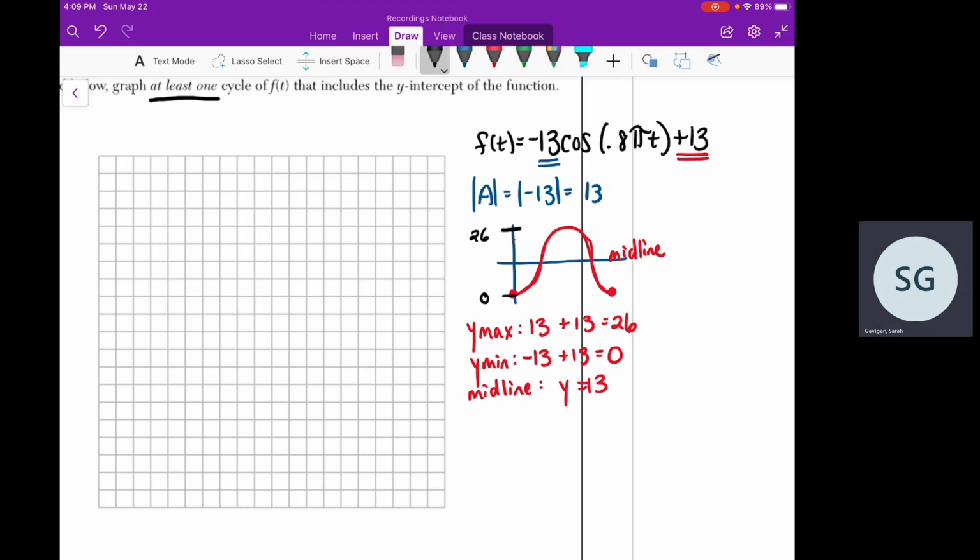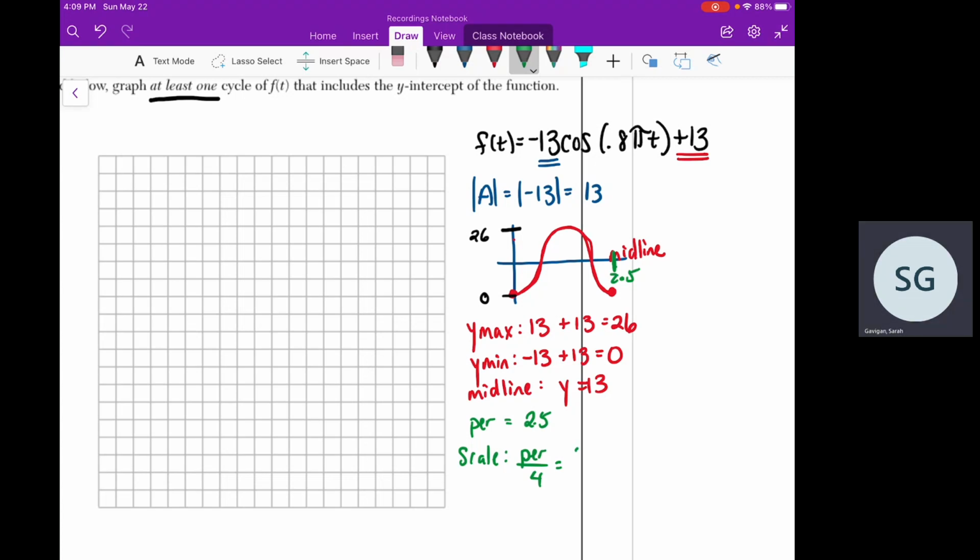Now, what I found out on that previous part was the period of the graph was 2.5. That means I'm ending at 2.5. In order to scale my graph, I'm going to take the period and divide it by 4, and that's what each box is going to be.